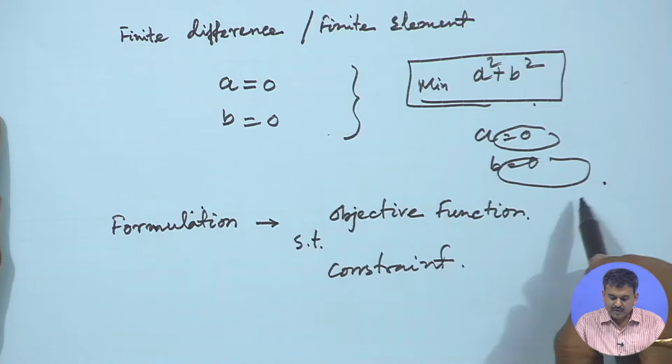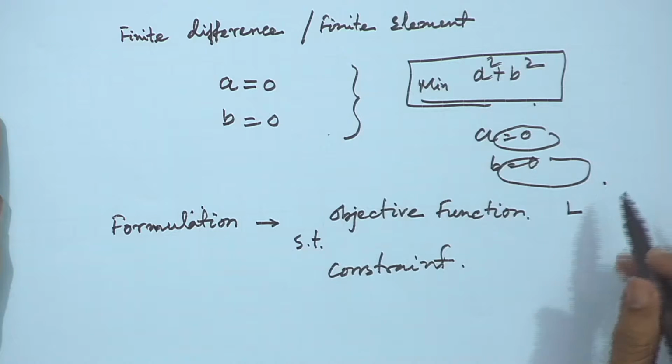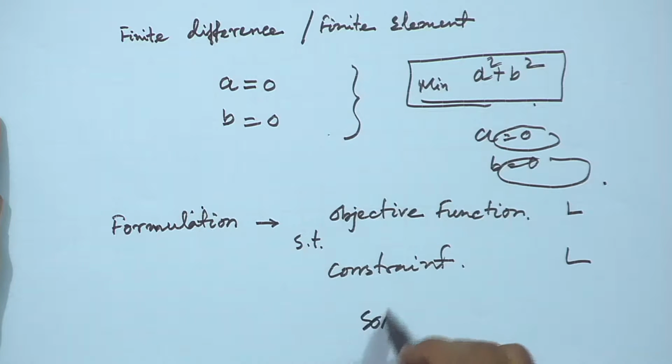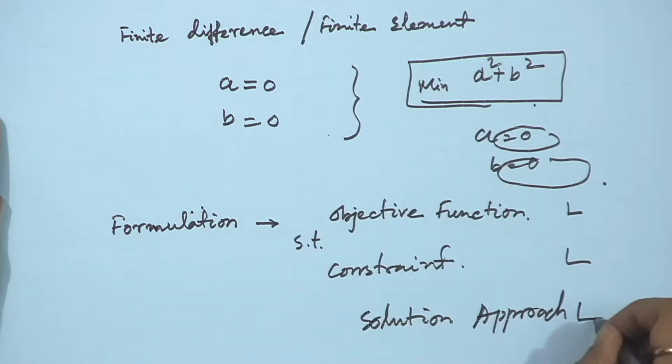So, if your objective function is linear and constraint is linear, the solution approach should be linear.